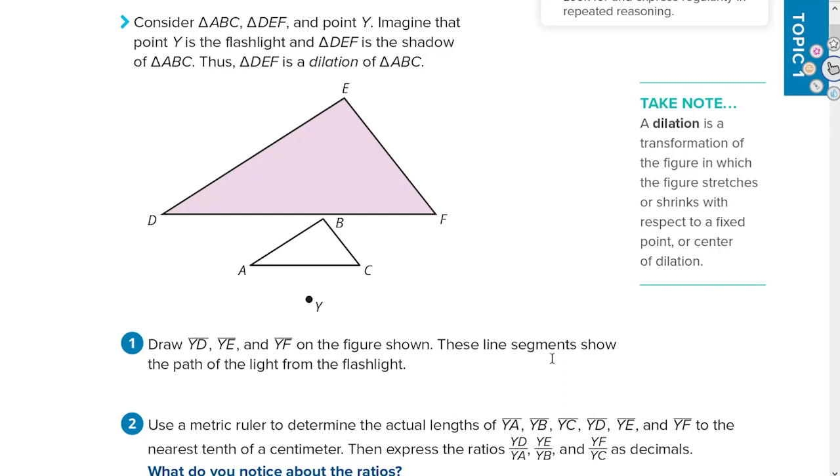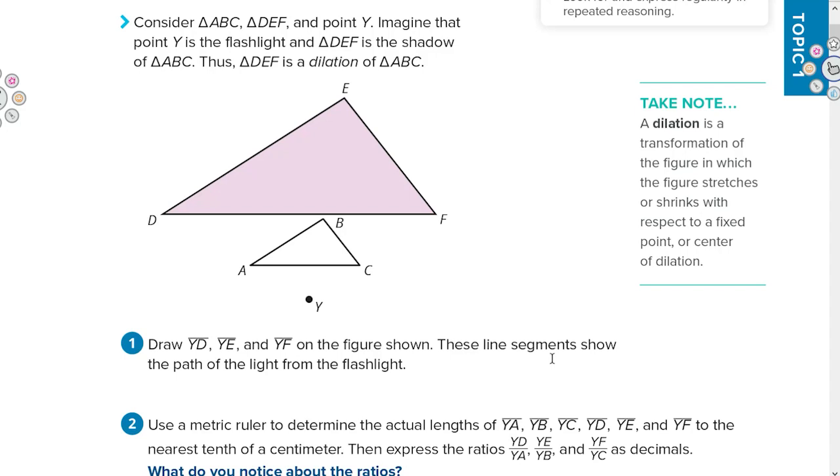So we're considering triangle ABC, this white triangle here, and triangle DEF, the kind of pinkish triangle on my screen, and point Y. Imagine that point Y is the flashlight, and triangle DEF is the shadow of triangle ABC. Thus, triangle DEF is a dilation of triangle ABC.